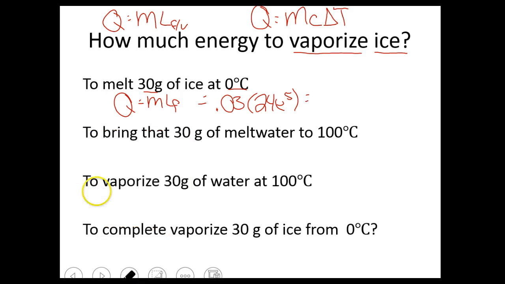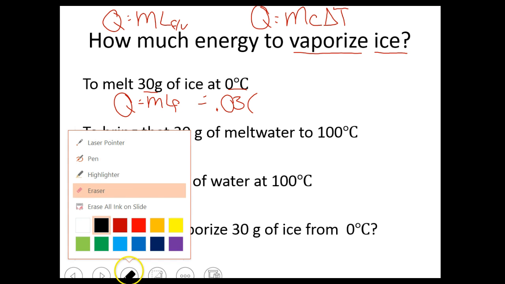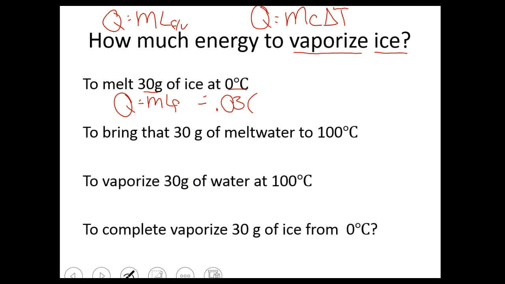I accidentally used the heat of fusion for sweat. All right. And so times the heat of fusion for water, which is 3.33 e to the fifth. Okay. And that's going to give us 9,900 joules of energy just to melt the ice, right, and turn it into liquid water at 0 degrees Celsius.